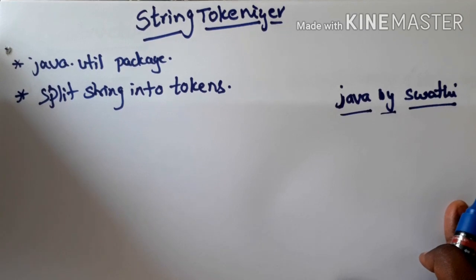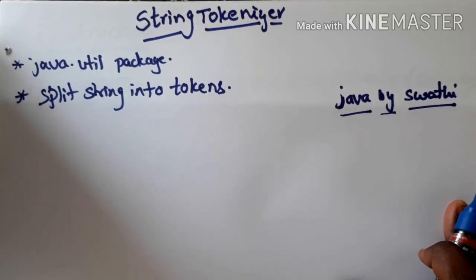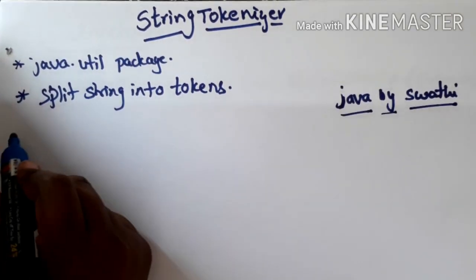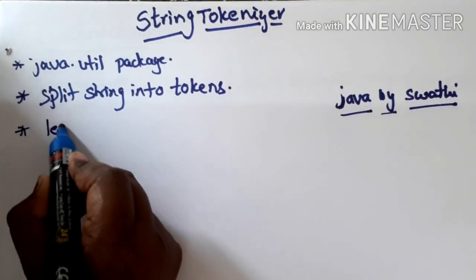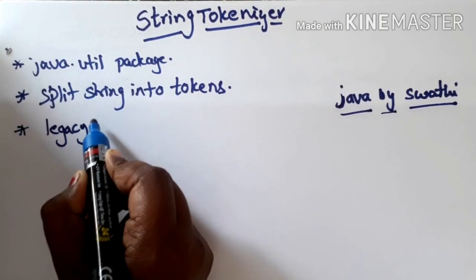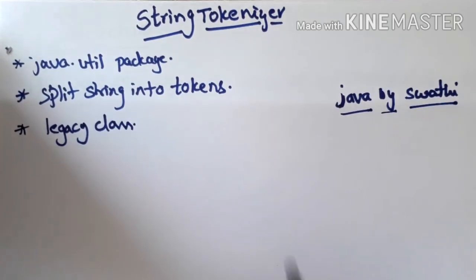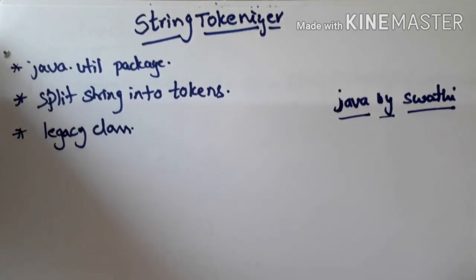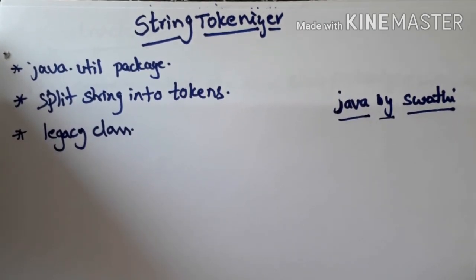What do you mean by legacy class? It is an old class. It was introduced before the introduction of the collection framework itself. This is all about the StringTokenizer class.